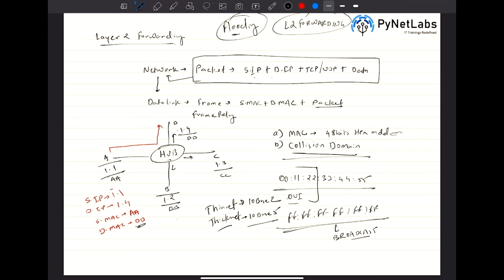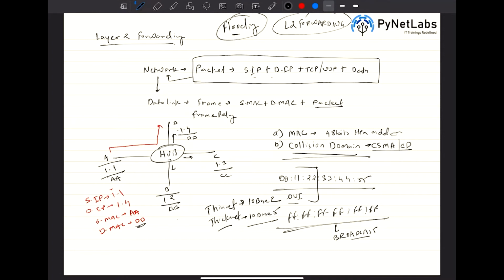To avoid collisions, Ethernet devices use CSMA/CD, which stands for Carrier Sense Multiple Access with Collision Detection. We use the CSMA/CD technique to ensure that only one device talks at one time in a single collision domain.